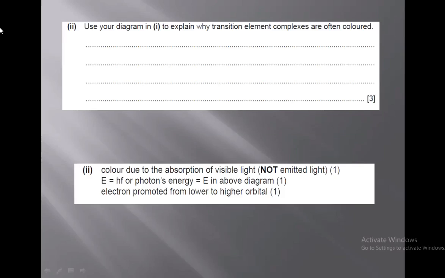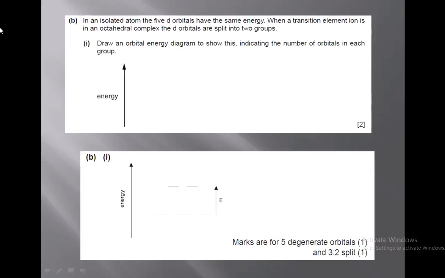In the second part of B, he was asking: use your diagram in one to explain why transition element complexes are often coloured. So this was a question related to the colour of the complexes. When the octahedral complex is formed, the d orbitals are split due to the ligands attached and the oxidation state of the central metal ion. When white light falls on it, white light has photons of different energies.